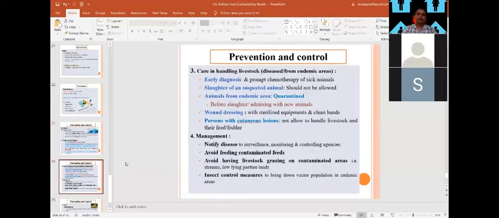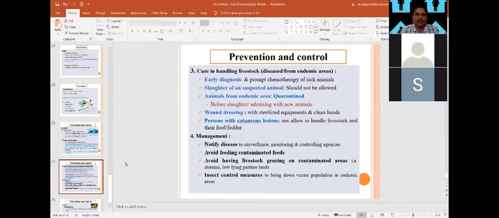Now, care in handling of the livestock. Early diagnosis and prompt chemotherapy or treatment of the sick animals may lead to recovery of the cases. Slaughter of suspected animals is not recommended.